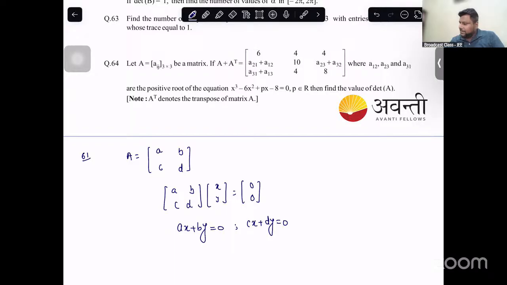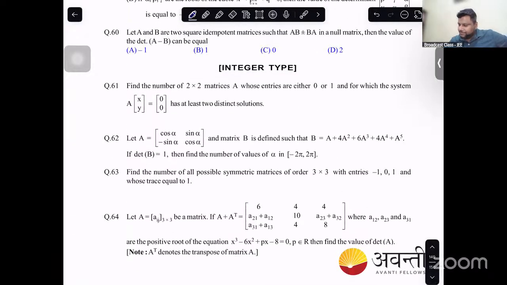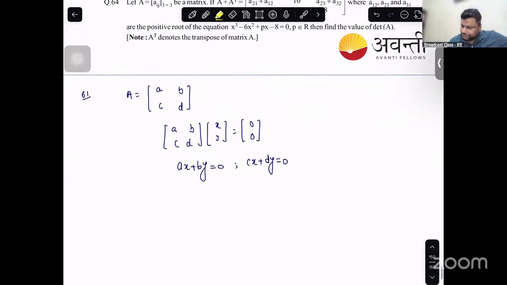In this question they are saying the system has at least two solutions. At least two solutions. That means there is no case of two solutions, three solutions, four solutions. This is directly a case of infinite number of solutions. All right. So this is directly a case of infinite number of solutions.